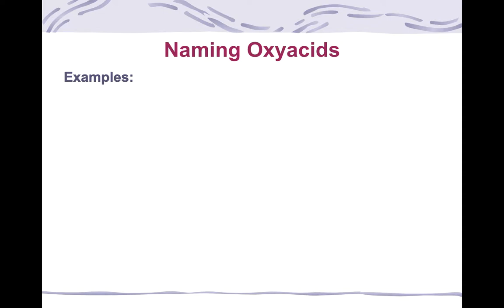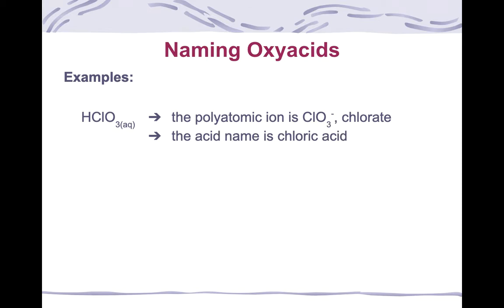Let's look at some examples. HClO3. The first thing you do is identify what the oxyanion is, the polyatomic ion. In this case, it's ClO3, which is chlorate. So we change the ate to ic, and we call this chloric acid.